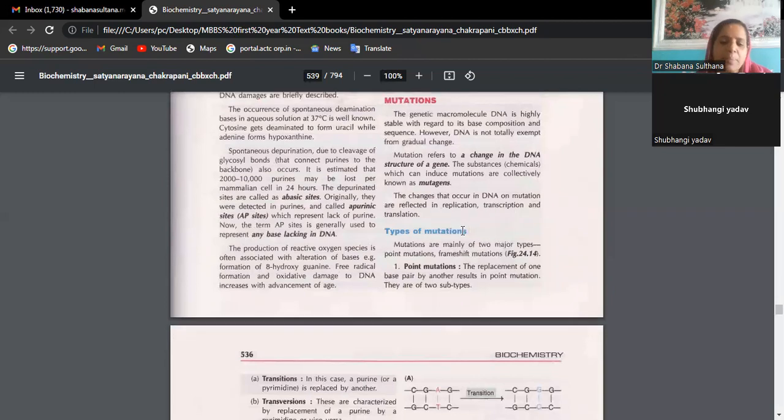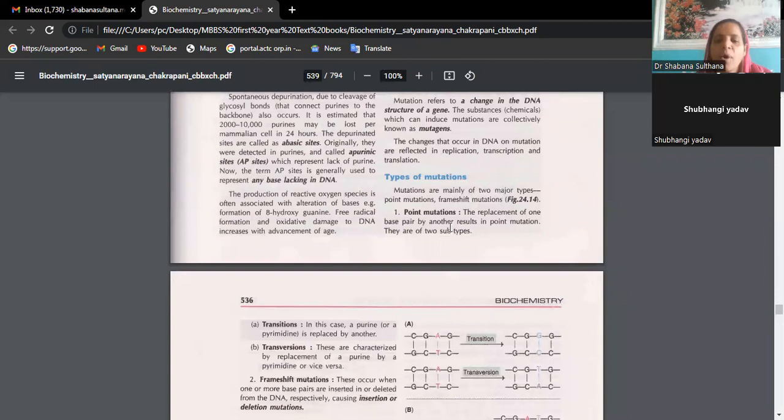So we have different types of mutations, like point mutation. What does it mean? Replacement of one base pair by another. That means instead of AT, a GC may come. So that is called point mutation.